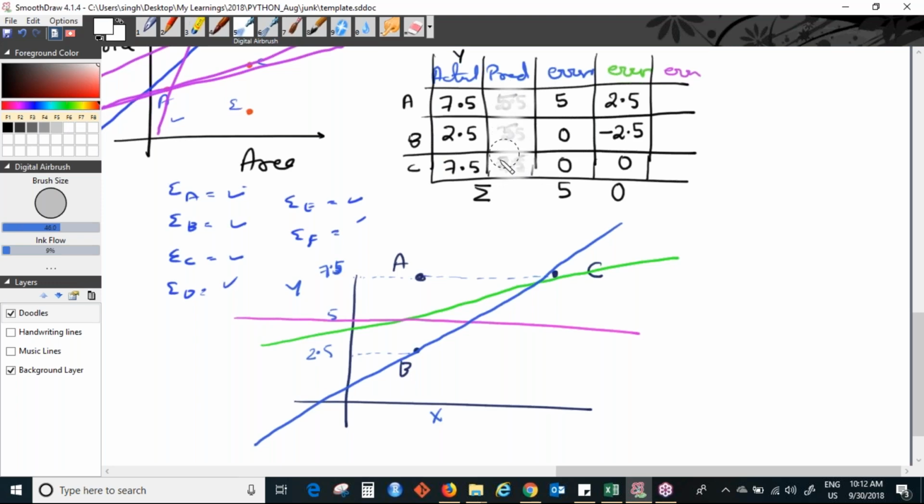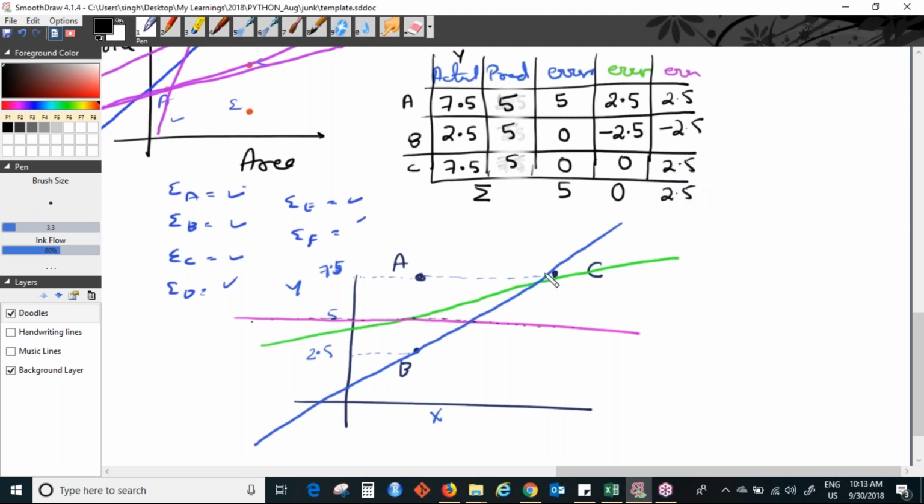Point A, how much is it predicting? 5. For the B point, all 5. Yes, because this line is parallel to the x-axis, so every time it will predict 5. At every point on this line, the value of y is always 5. So the error is 2.5, minus 2.5, and then again 2.5. So the total error is 2.5.